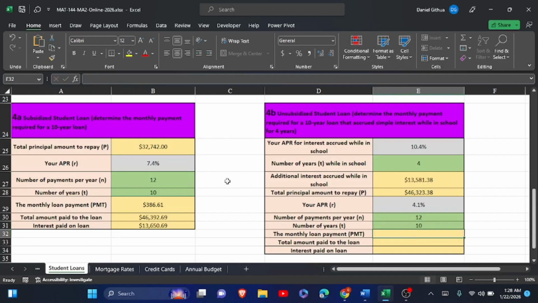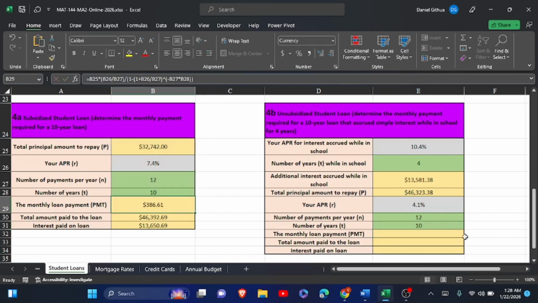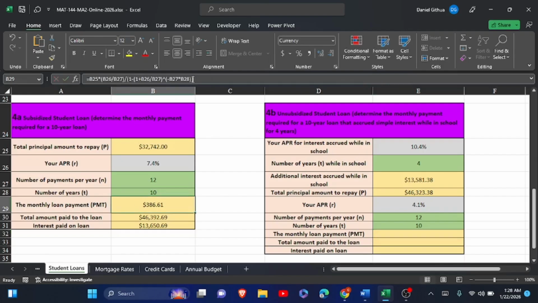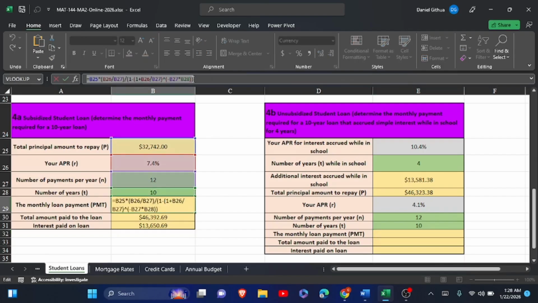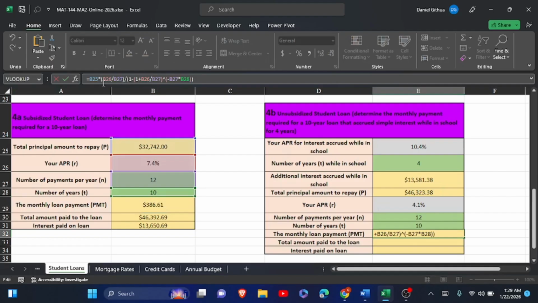For the PMT, we use the same formula here. So let's copy. Highlight, copy, Control C, and then we paste it here, Control V. But now we have to change things.